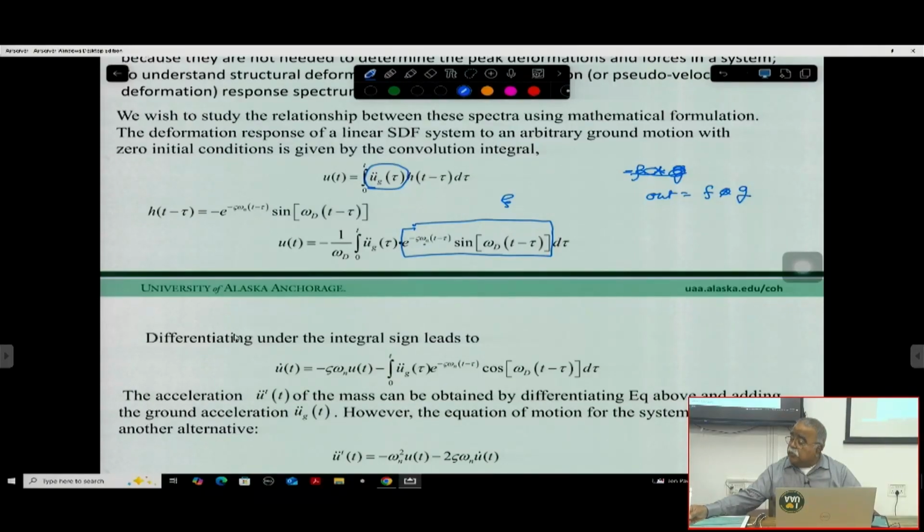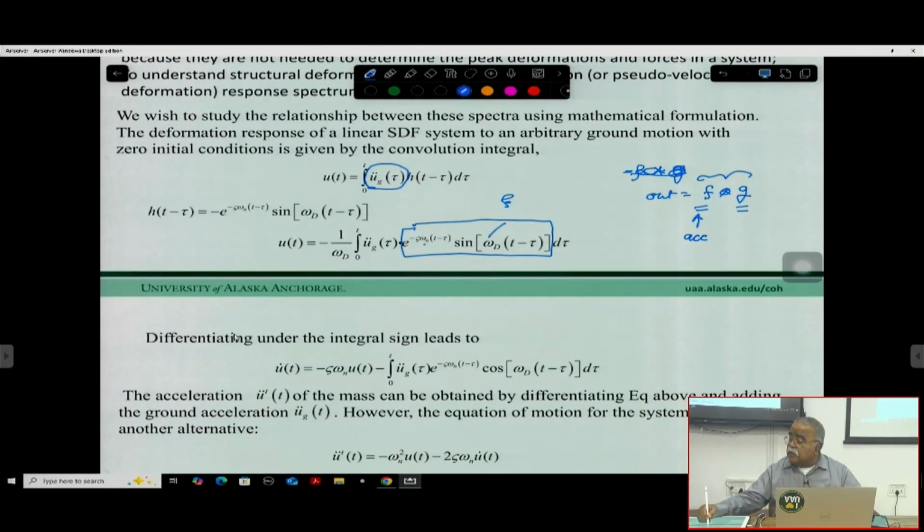This is basically done in MATLAB as convolve. You have to give the f function and the g function. The f function in this case is my acceleration values, and the g function will be e to the power of j omega n t into sine of this part.